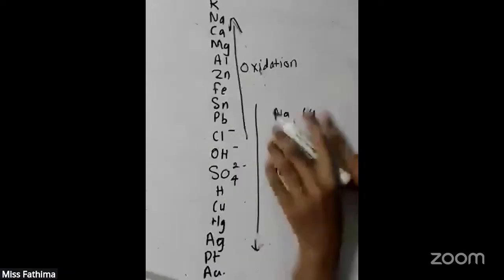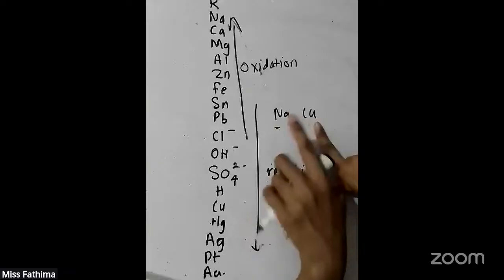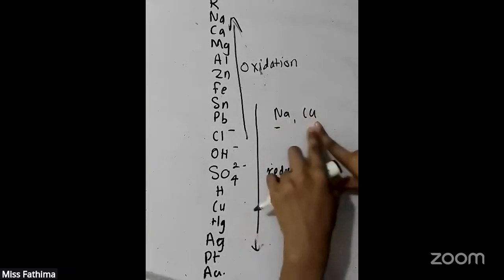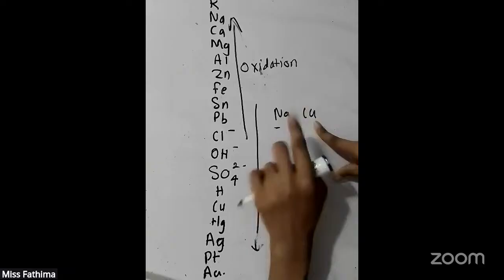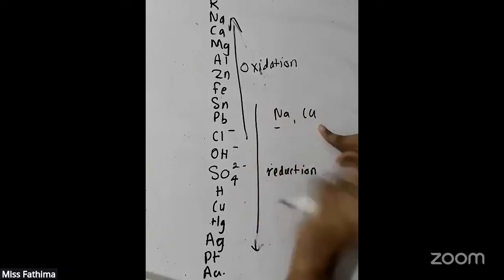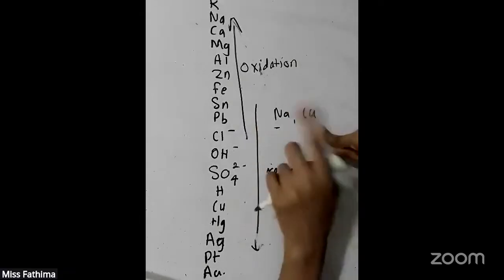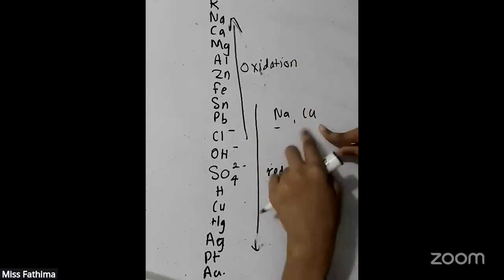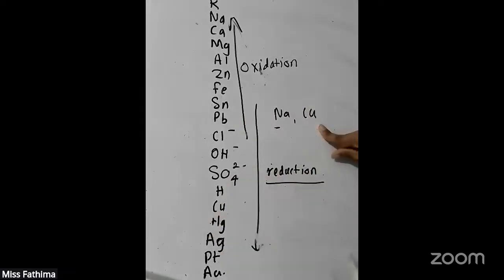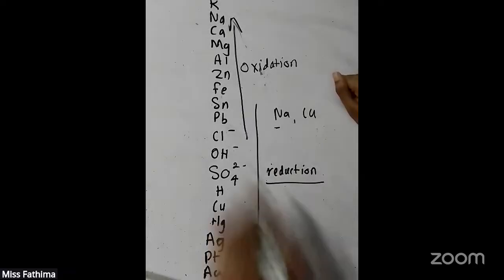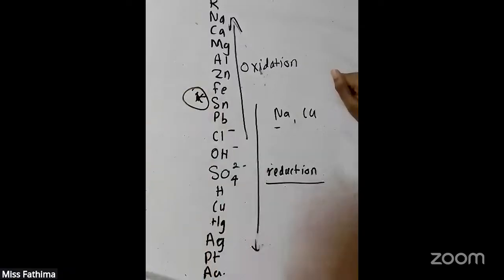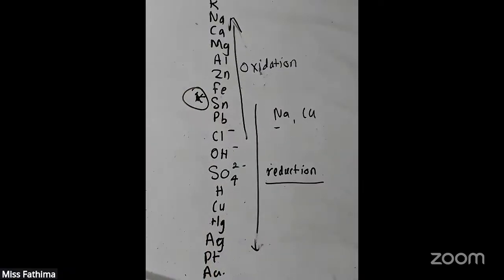Since sodium is above, it will undergo oxidation. Copper is below sodium, therefore it will undergo reduction. Did you understand that point? Yes, miss. So don't forget this one. This will help you a lot. Now do the questions.